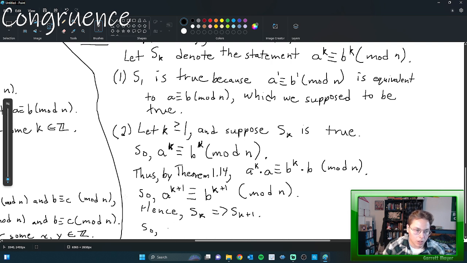So the proposition is true by mathematical induction.